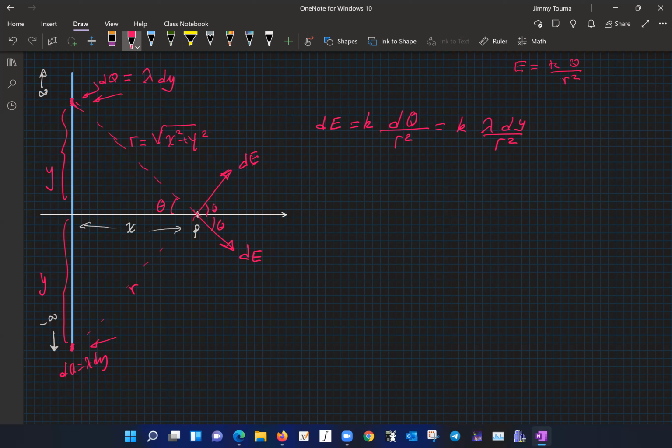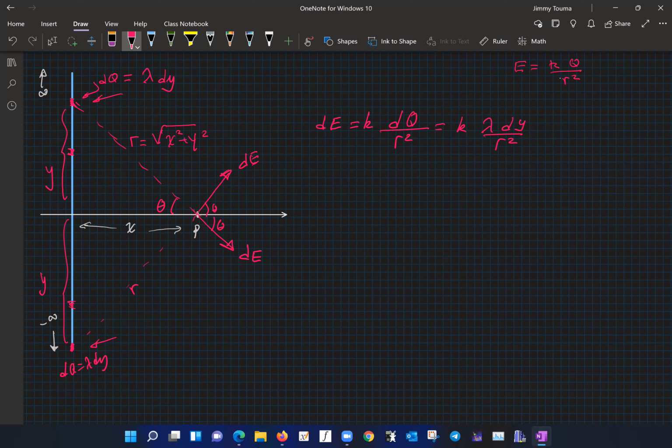And then, of course, I'll find another element right here, equidistant from the origin with another element up here, such that the same thing happens where the y components for these two will cancel, and then the x components will add up. So as I go up or down the line, I will be eliminating y components as I consider segments equidistant from the origin or from the x-axis.